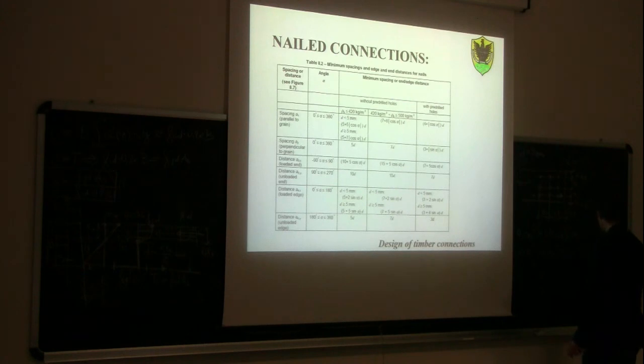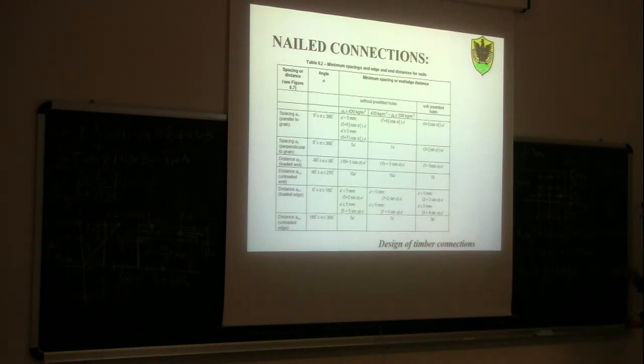Then we have A3,t, which shall be at least 10 plus 5 cos alpha times d. So 15d. 15 times 3 is 45 millimeter.